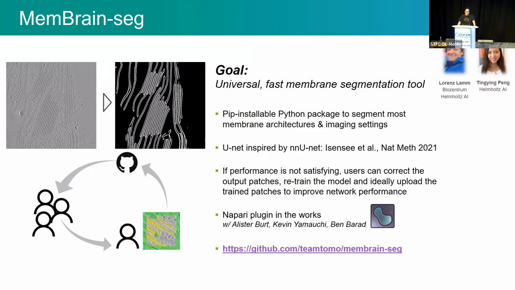And if performance is not satisfying using the pre-trained models, the users should be able to easily do corrections and retrain the model. We are also planning on having a platform where users can share their retrained models, and we can pull models from the community to achieve even better performance.